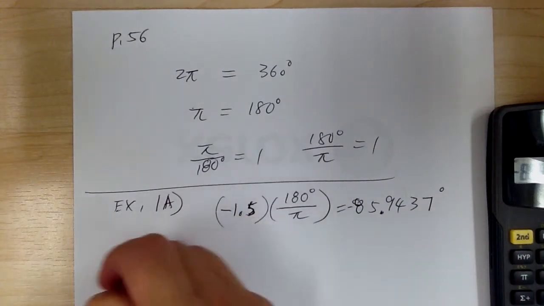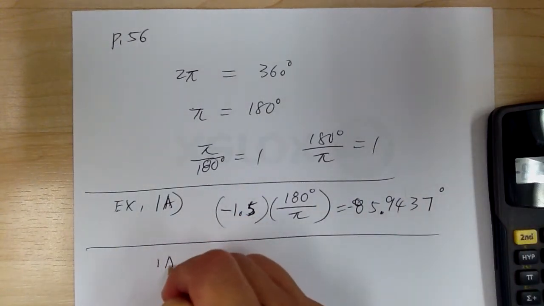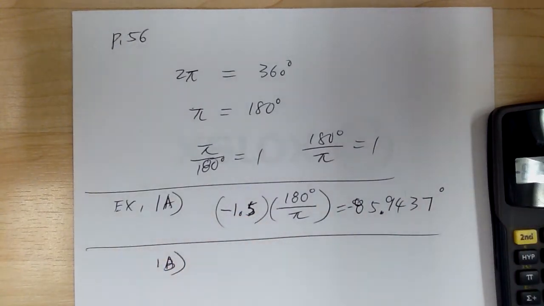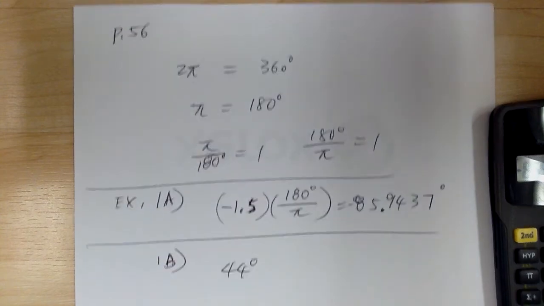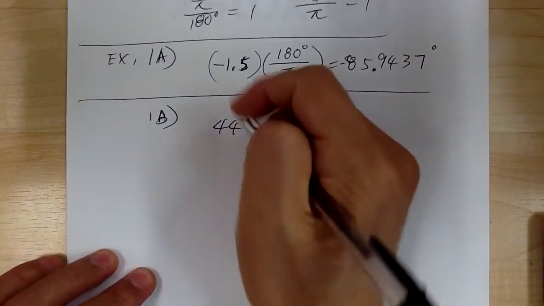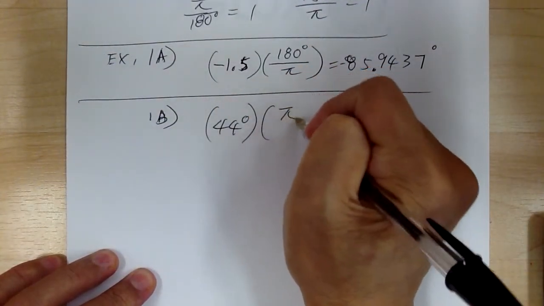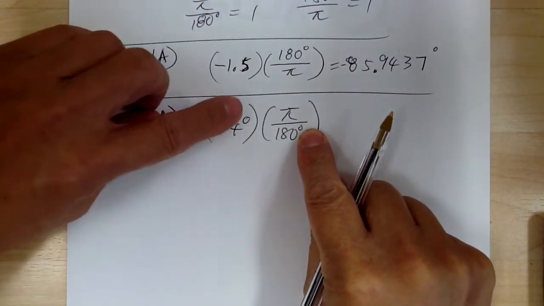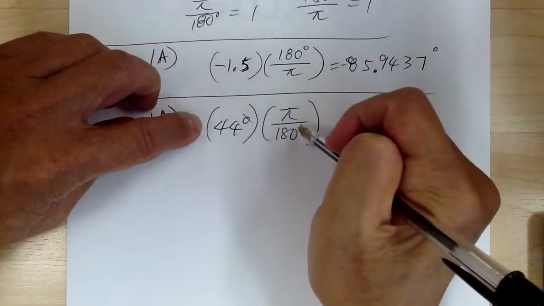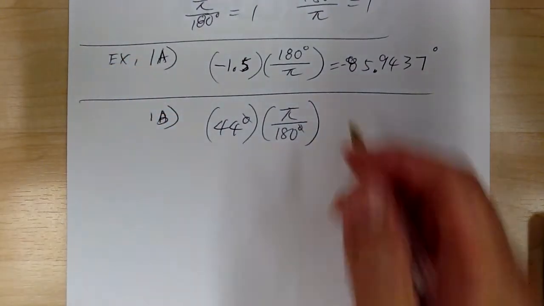Now let's go to example B. It says find the radian measure of 44 degrees. So you have 44 degrees and you want to convert to radians. If you're converting to radians, you put pi, the radian, on top. Notice there's a degree on top and a degree on the bottom, so the degrees cancel out. Everything has to match.